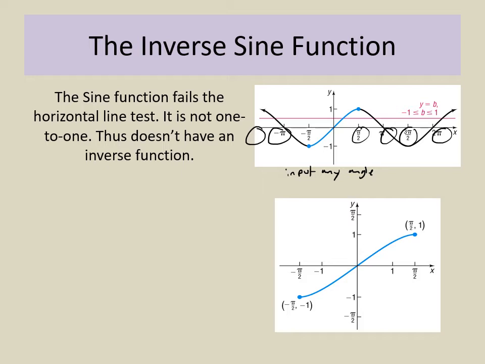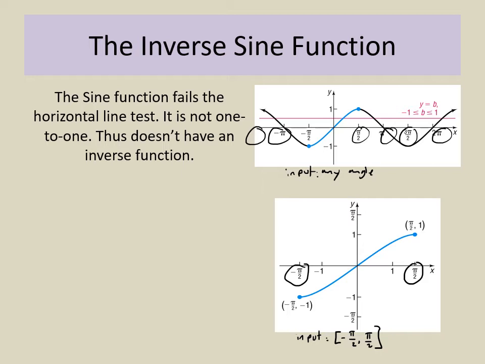Now the input of the restricted sine function is not going to be any angle. It's going to be angles only between negative pi over 2 and positive pi over 2. Okay, so only angles that are between negative 90 degrees and positive 90 degrees.